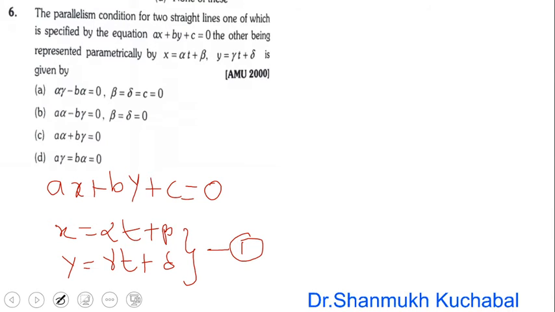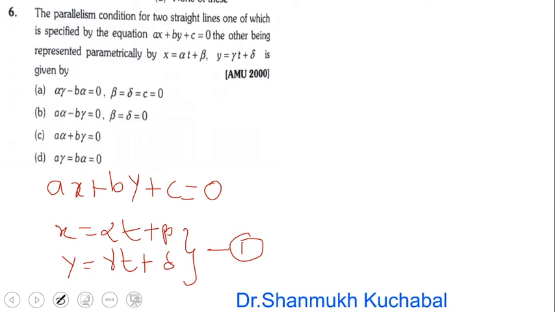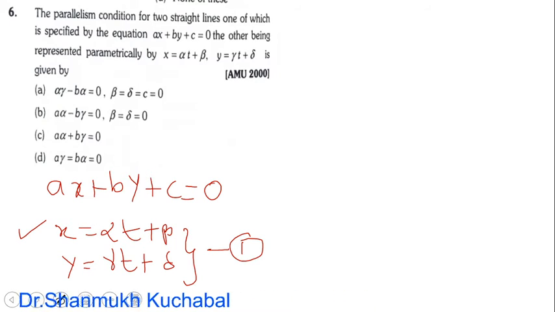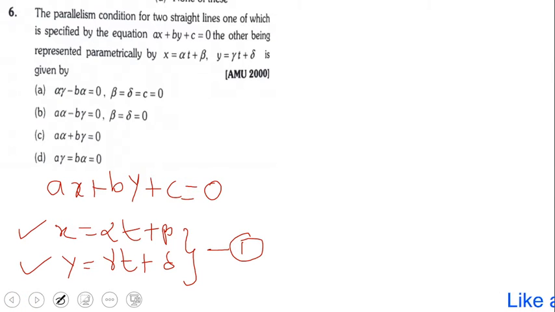So from equation number 1, in the first equation we will write a solution for t. So we get (x minus beta) divided by alpha equal to t, and in the second equation also we write a solution for t. So we get (y minus delta) divided by gamma equal to t. Now we will observe that the RHS are the same, so the LHS we have to equate, that is, we have to eliminate t.